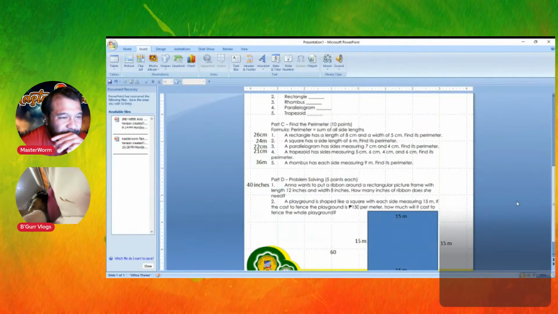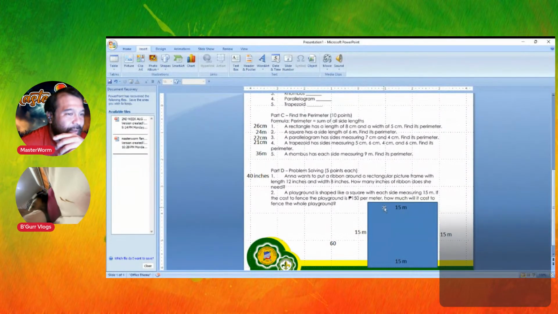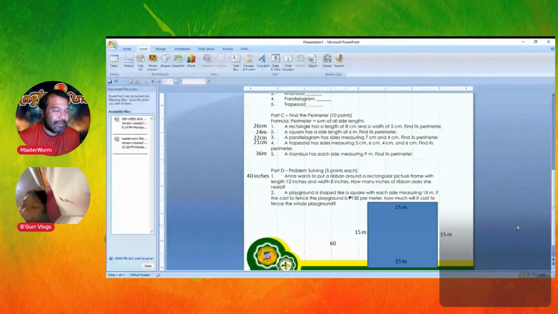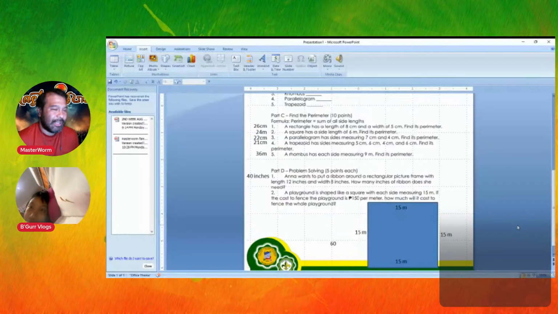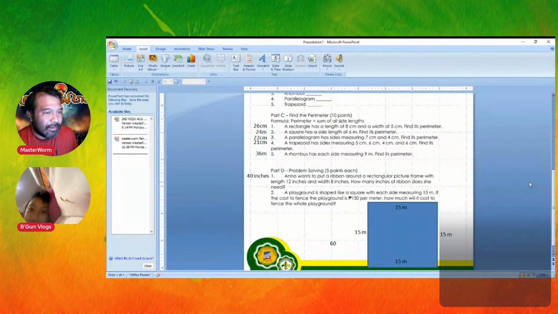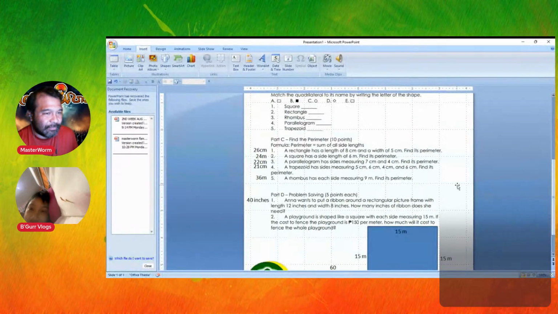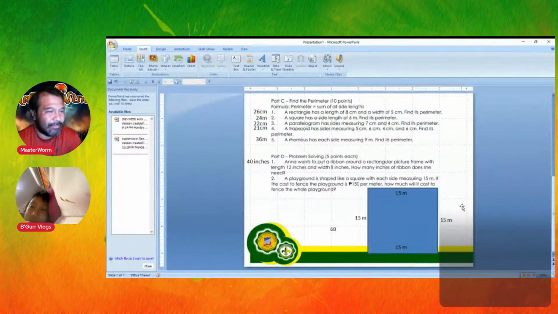And then you also have, if the cost of the fence playground is 150 per meter, how much will it cost to fence the whole playground? You're using math already. Okay? So it says here, baby, that if 1 meter is 150 pesos, it's gonna be hard.